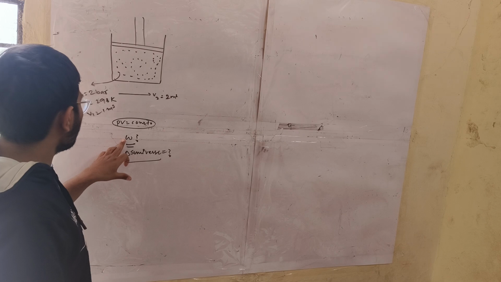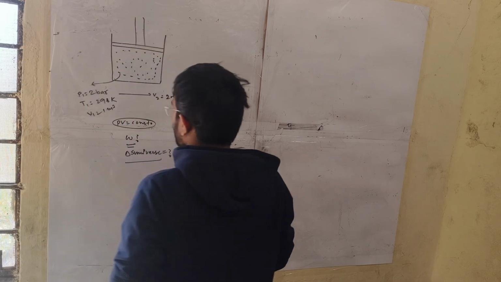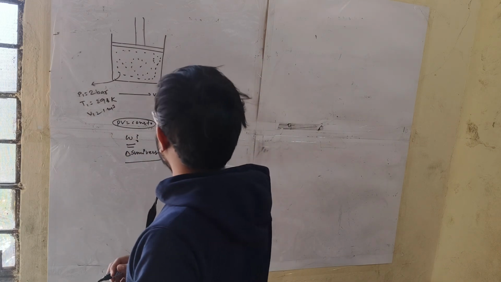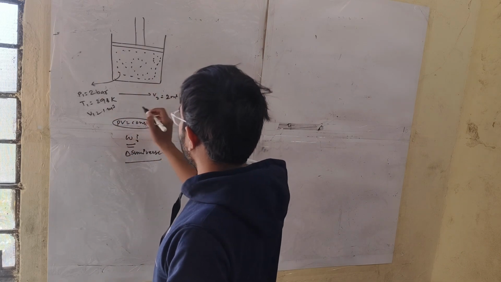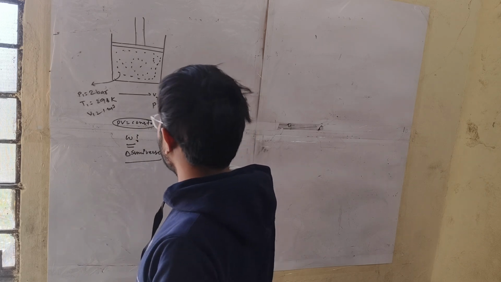Now we find the work done in this process. First, using PV equals constant and V1 given, you can easily find P2.